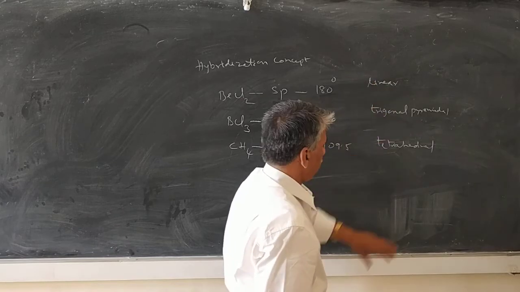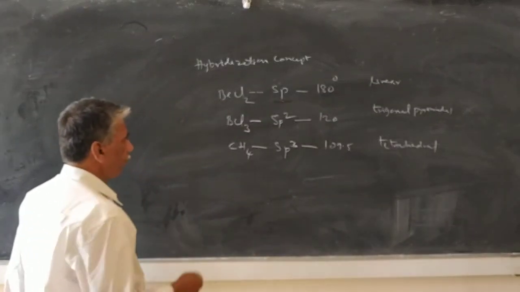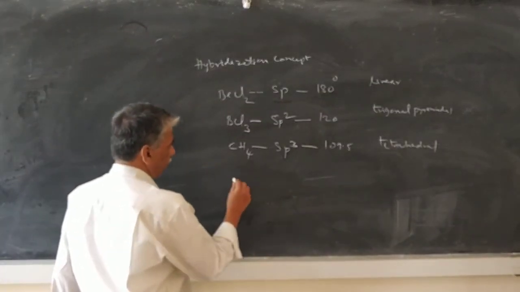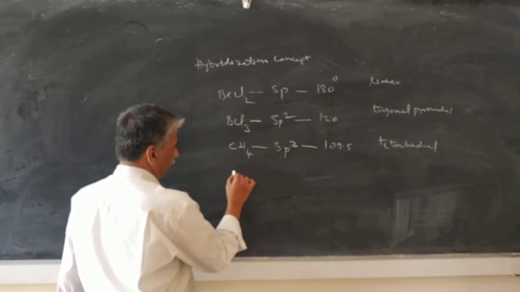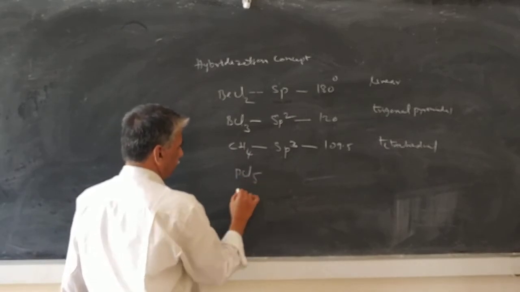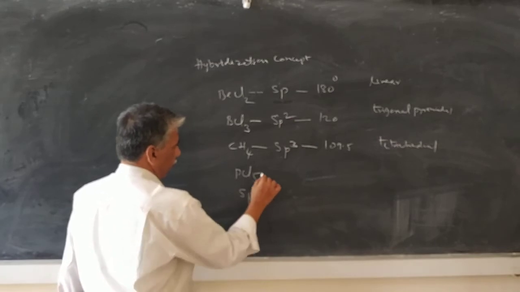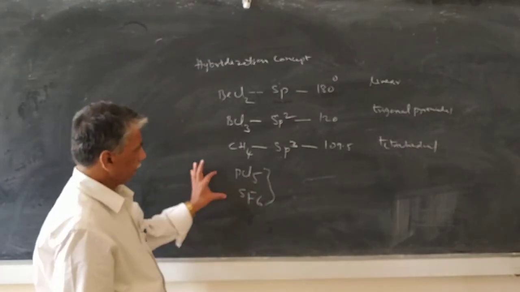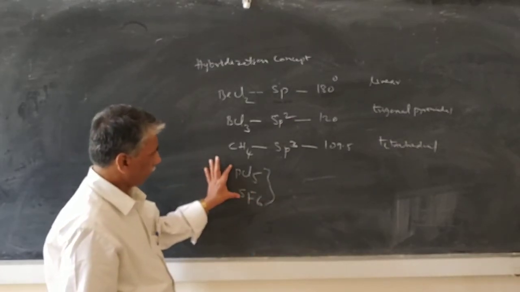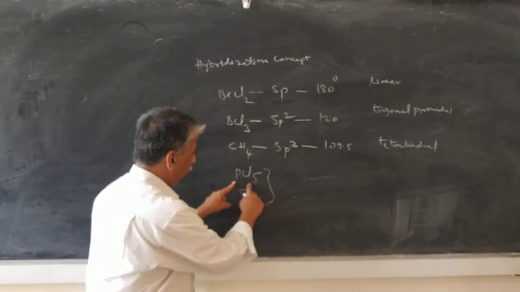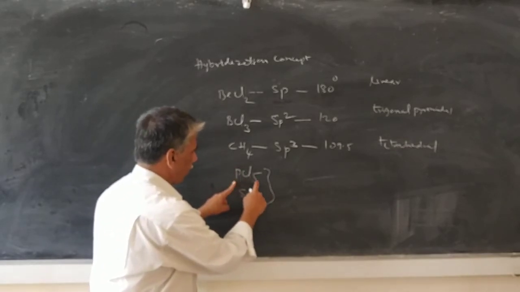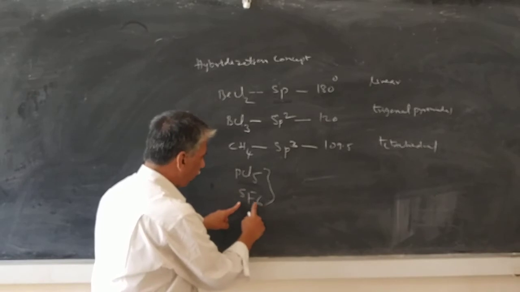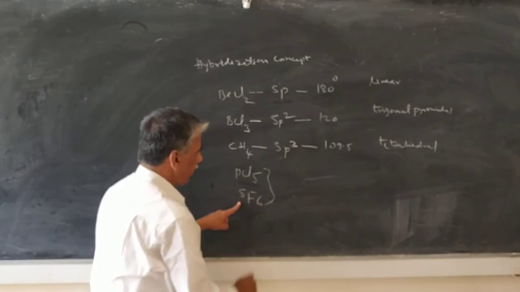of the molecules. Then I have given you these two molecules as homework, that is PCl5 and SF6. What type of hybridization is present in PCl5 and what type of hybridization is present in SF6?